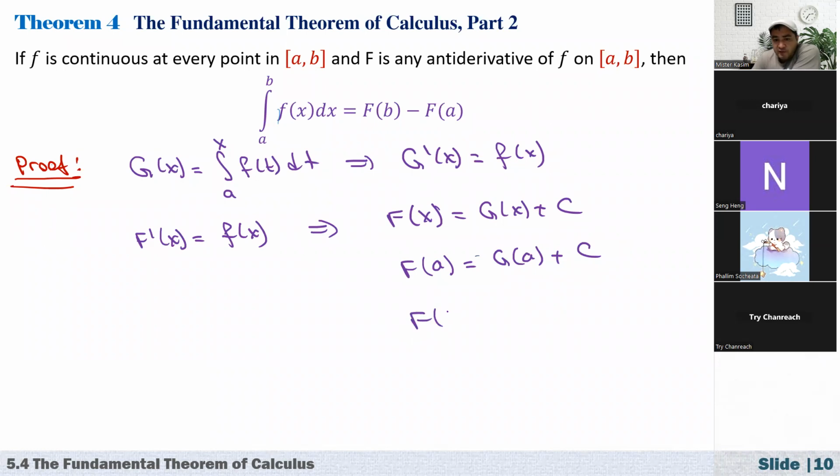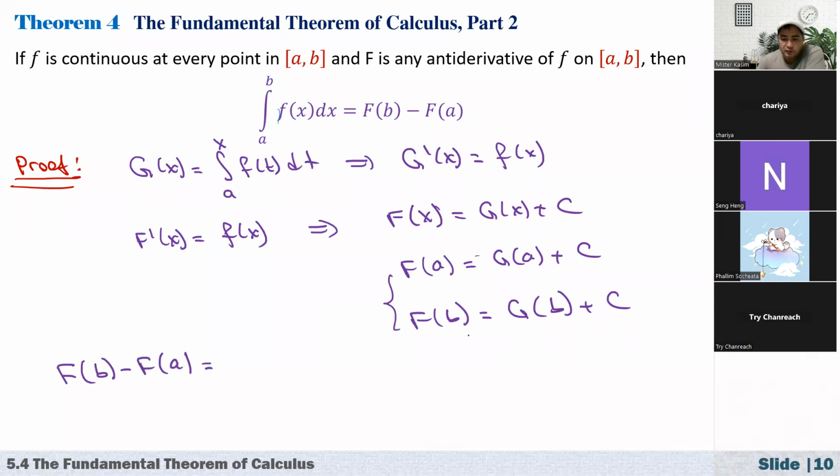And how about F(b)? F(b) is equal to g(b) plus c. Okay, so now if you subtract this, what do we have here? F(b) minus F(a) is equal to g(b) minus g(a), right?